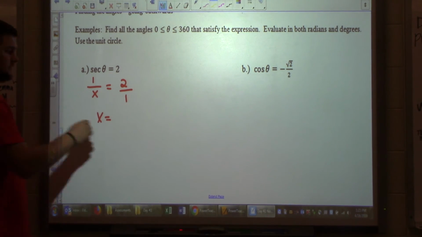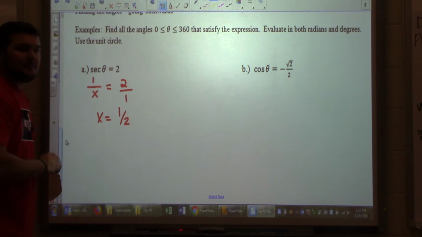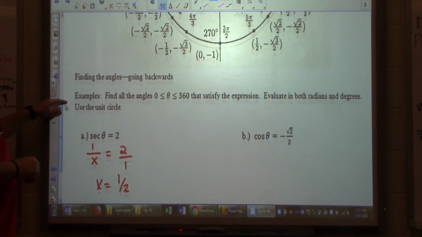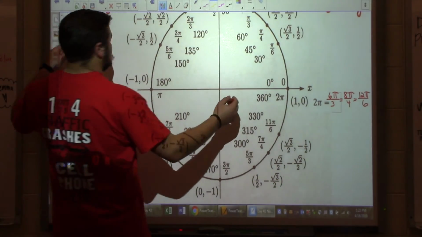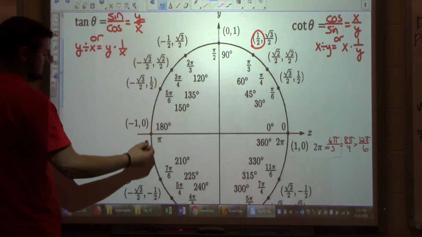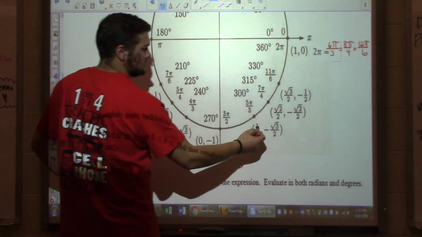They're reciprocals. So I'm going to look on my unit circle and see where are all the places that x equals 1/2. Well, 60 and 300.